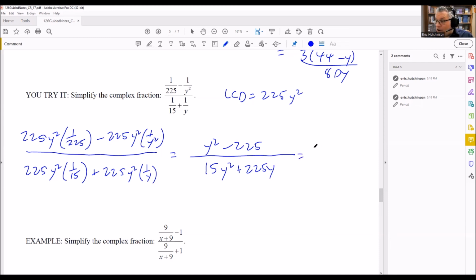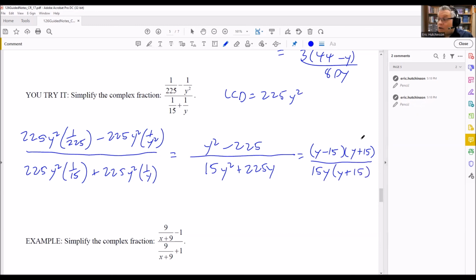From here, we're going to factor to see if anything cancels out. Now on top, that's going to be a difference of squares. So we're going to do y minus 15 and y plus 15. On the bottom, we can factor out a 15 and a y from there. 15y squared divided by 15y is y. 225y divided by 15y is going to be 15.